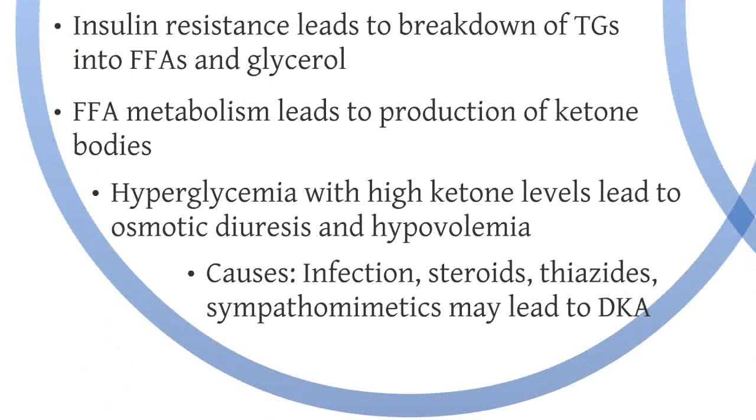The presence of high glucose in the blood with the high amount of ketones that are produced from free fatty acids leads to an osmotic diuresis, meaning that there's so much content within the blood that fluid flows from intracellularly to extracellularly into the vessels. This causes the body to think that there's more intravascular volume than there actually is, and the body triggers its own mechanisms of diuresis, leading the patient to become hypovolemic or have a low volume status.